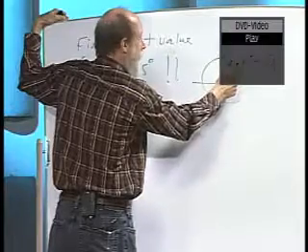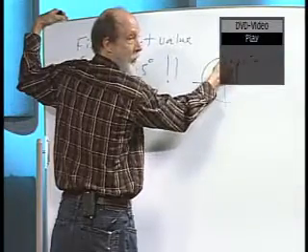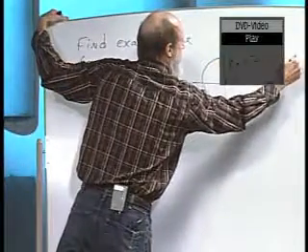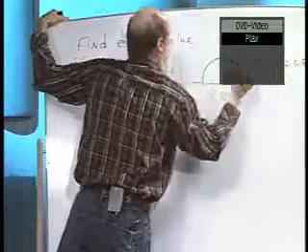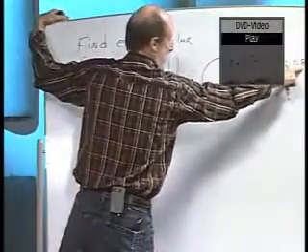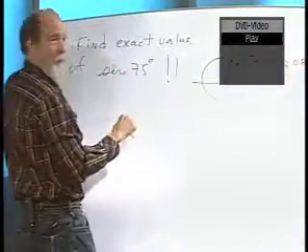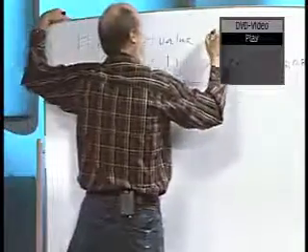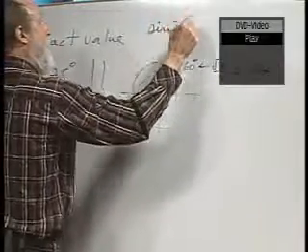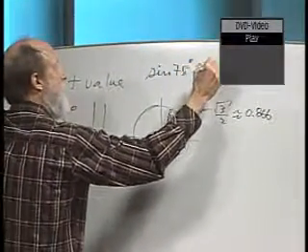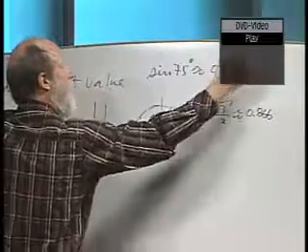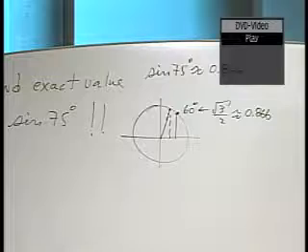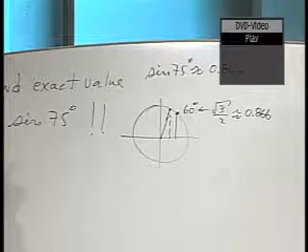Square root of 3 over 2 is your sine of 60 degrees, and that's about 0.866. The answer we're expecting here better be bigger than 0.866 when we get done. But again, we're looking for the exact value, aren't we? So our answer, sine of 75 degrees, better be bigger than 0.866, and we can check it with our calculator when we get to our exact value.